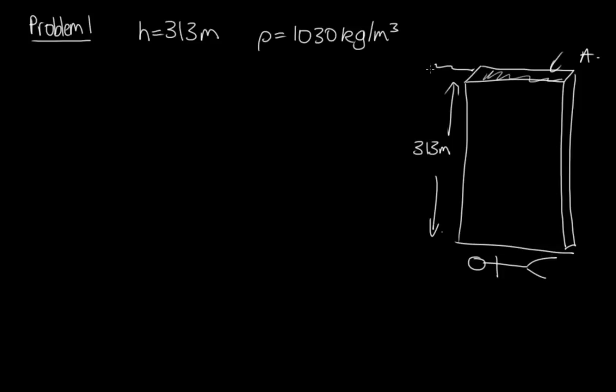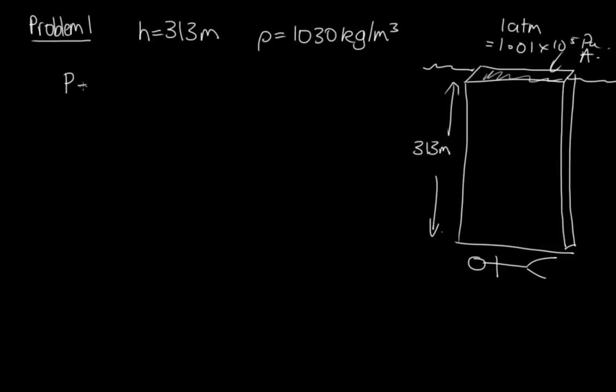And then this is the top of the water up here. So up here there's 1 atmosphere of pressure, which is equal to 1.01 times 10 to the 5 pascals. So to calculate the pressure on the diver, he's got this atmospheric pressure acting on him, and he's also got the pressure which results from the weight force of the 313 meters of water.